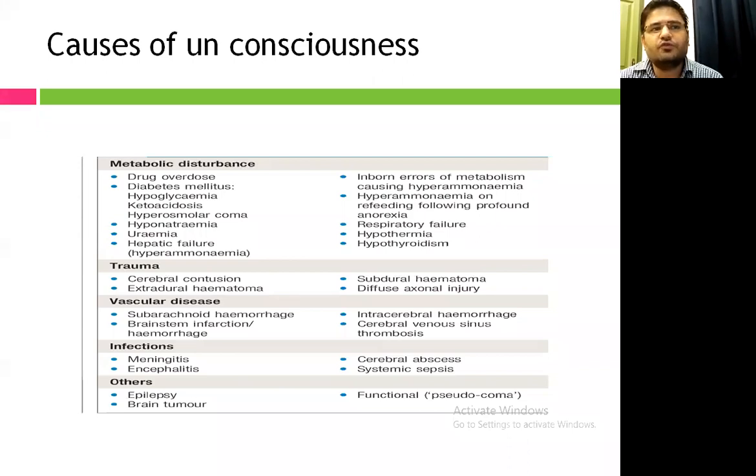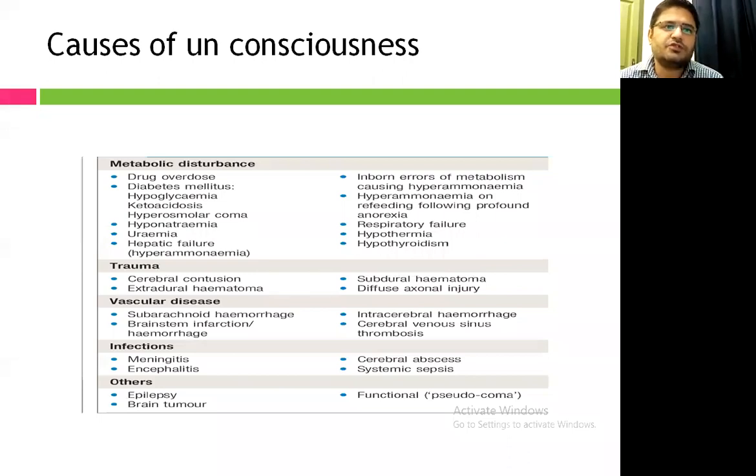Respiratory failure, usually type 2, if prolonged and due to sudden carbon dioxide accumulation, may lead to a severe unconscious, comatose state. Severe hypothyroidism, with hypothermia and bradycardia, and hypothermia due to other causes may also lead to an unconscious state.